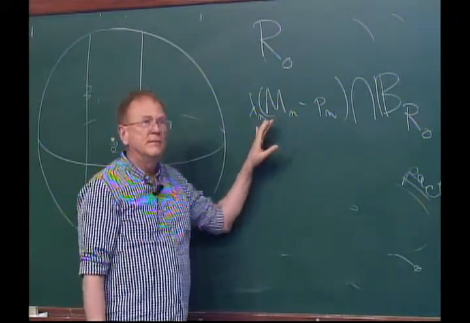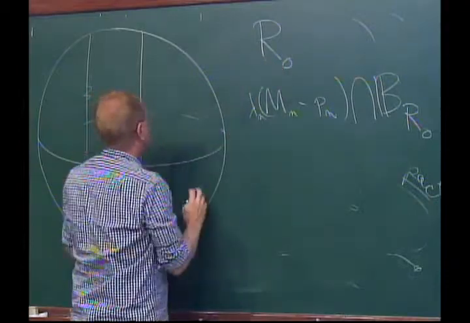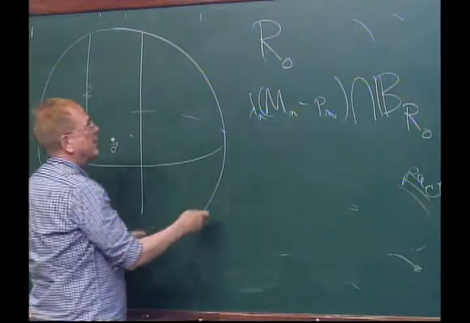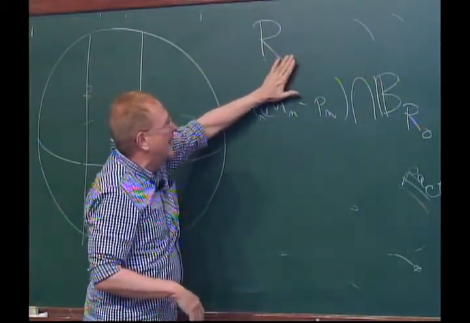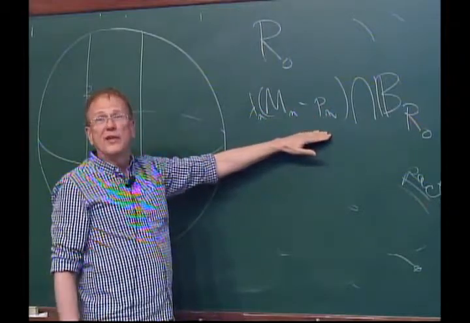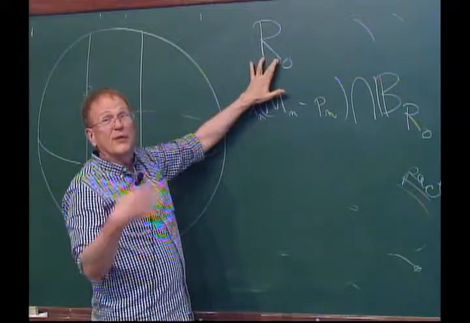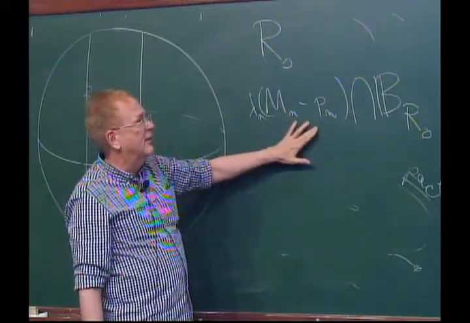Okay, so one possibility is that you can find such an R naught. Either it does or doesn't. So suppose that no matter how big R naught was, you always have a bound on the genus. Or the other possibility is there exists an R naught such that you don't have a bound on the genus of that component.